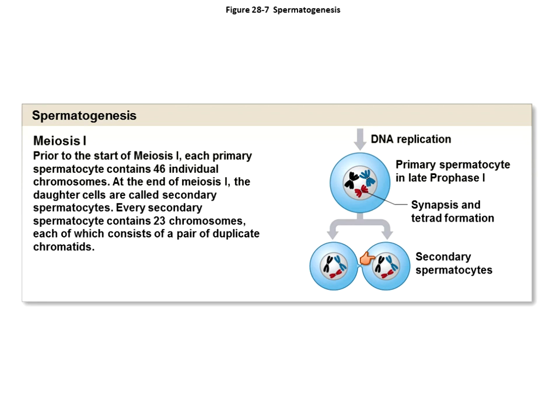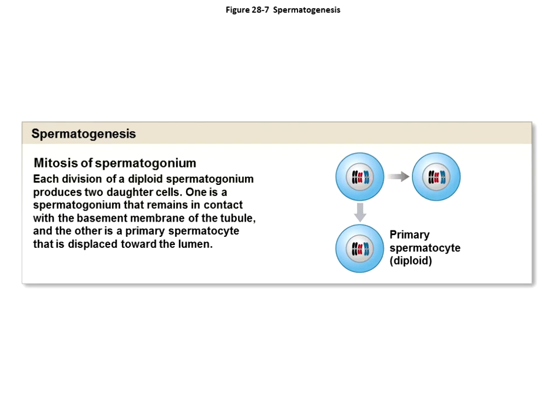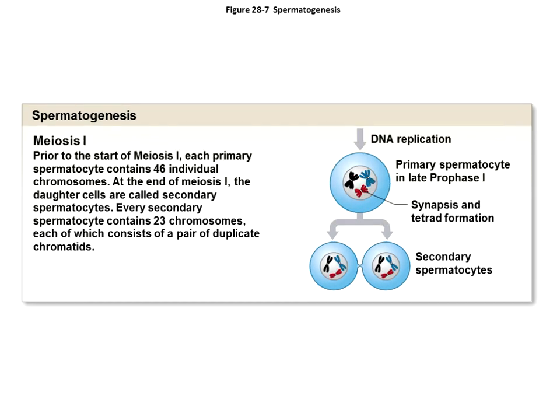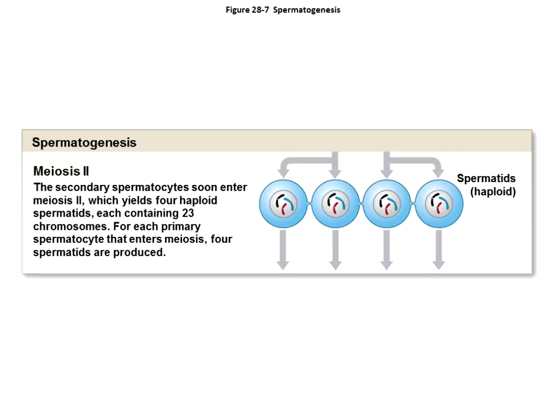Each of your secondary spermatocytes won't have the same genetic composition, and they're only going to have 23 chromosomes, because meiosis 1 reduces the chromosome number in half. If we go back here, the spermatogonium has 46 chromosomes. This guy has 46, that guy has 46. This guy here, at the end of meiosis 1, is going to have daughter cells that only have 23 chromosomes.